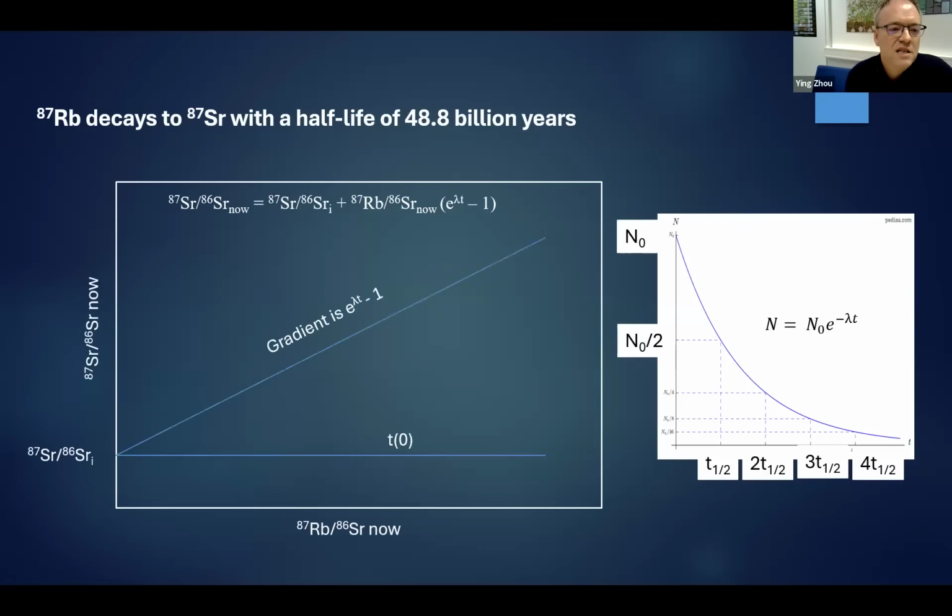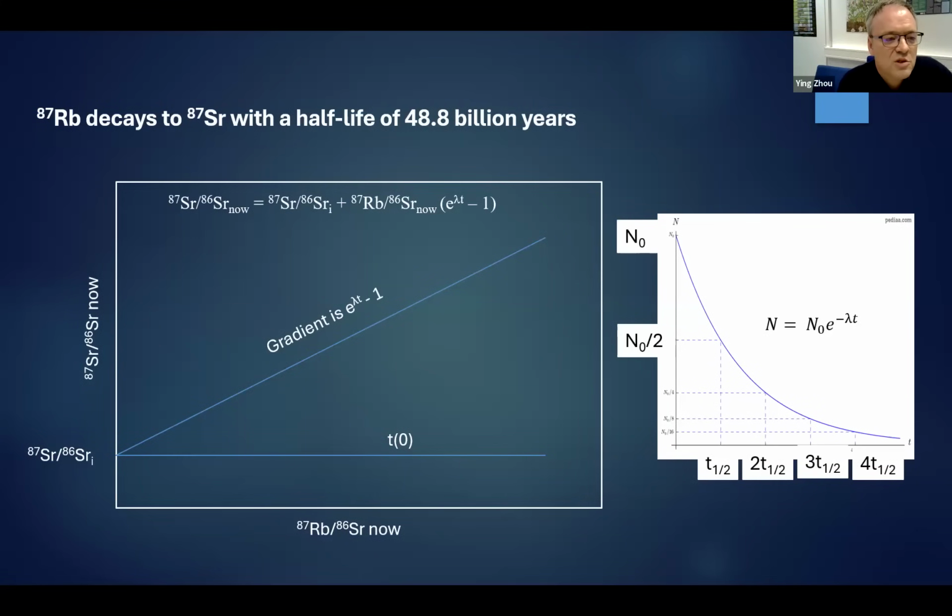So we can draw that straight line relationship, that isochron, in isochron space. As you go along in time, this isochron gets steeper and steeper, and that gradient is approximately e to the lambda t minus 1, where lambda is the radioactive decay constant and t is the time. So this slope is dependent on the age.